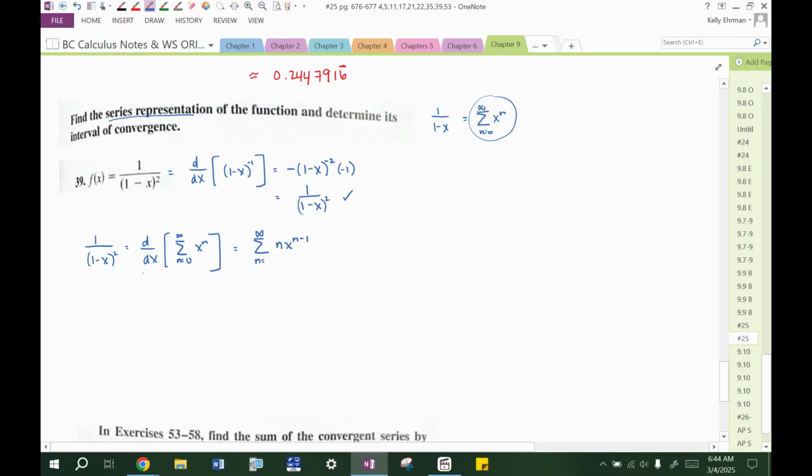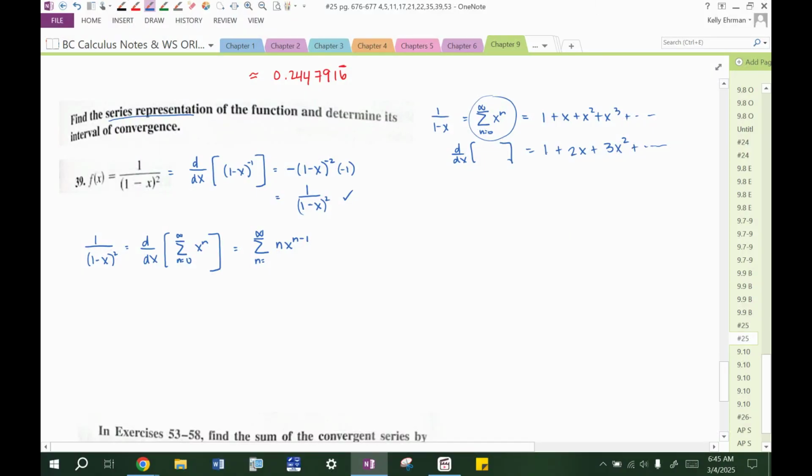And if you're not sure on this, list out some terms. What are the terms for this original series here? It's 1 plus x plus x squared plus x cubed, etc. What about when you take the derivative of that? What are those terms going to need to be? That becomes 0. This becomes 1. This becomes 2x plus 3x squared, etc. So when I take the derivative, the first term should just be 1.